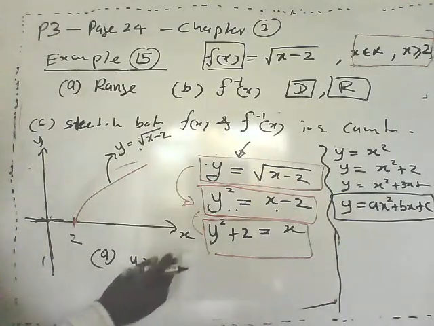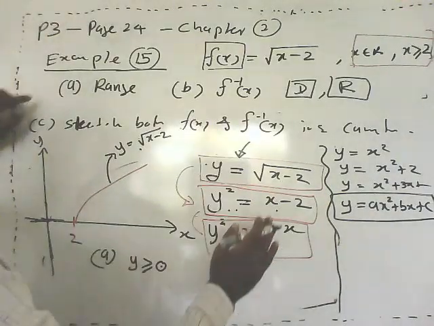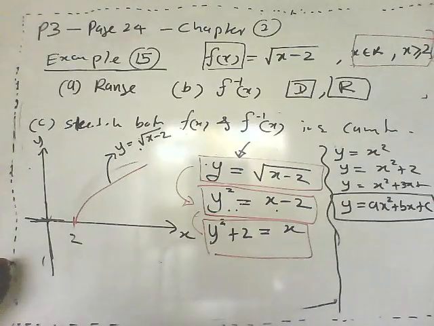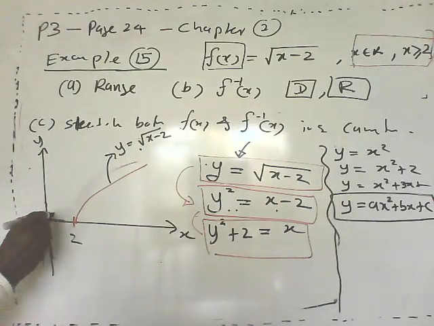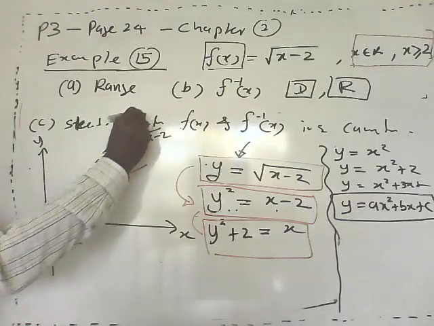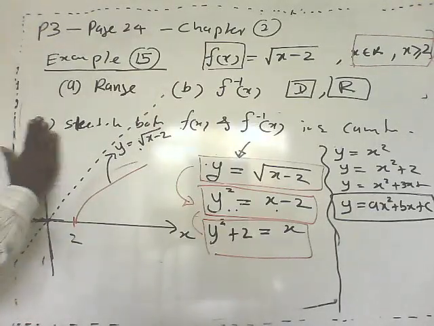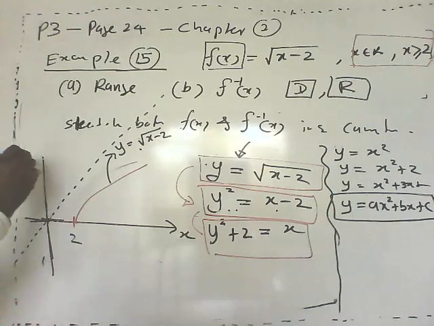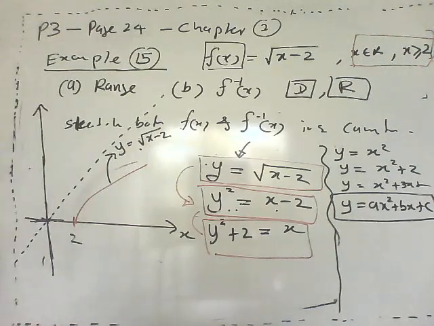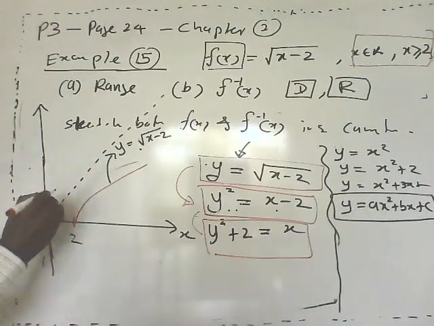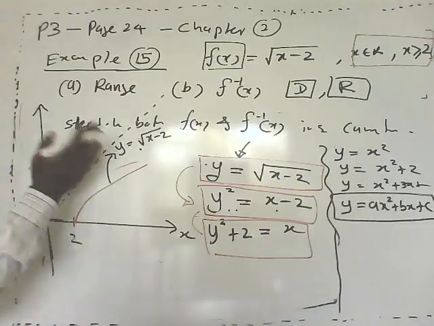Now, I forgot, f inverse x we have to draw. Now what we have to do is draw the y equal x line, a straight line. And if we take the mirror image, what would be the shape? So here it's 2 from here and it will look like this, the same mirror image.